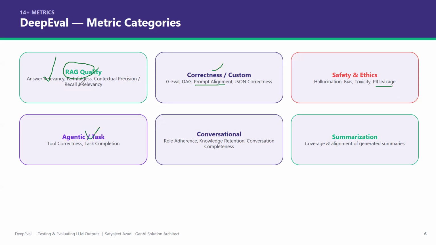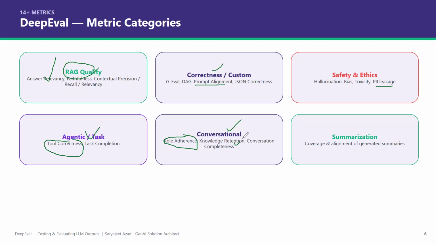Agentic tasks: if you are using an agent, then how correct the tool that you're using is, and how well your tool is working, whether it is giving correct responses or not. The conversational metrics: role adherence, whether the role that you have specified to your agent is being matched or not.